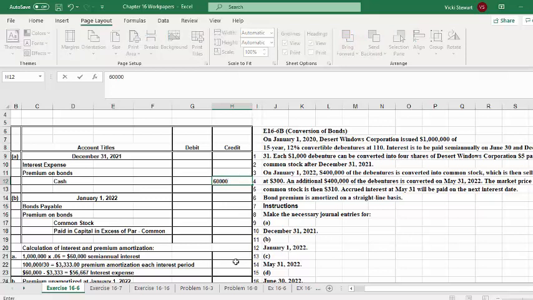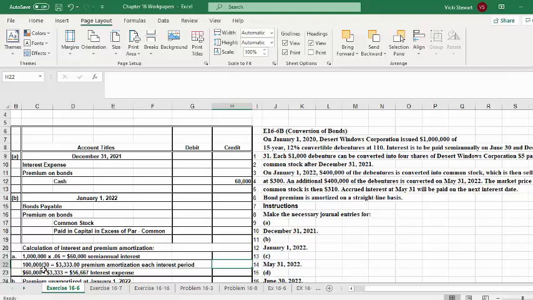The next thing we need to do is to determine the amount of the premium amortization that is done with each interest period. So these were 15-year bonds, so they'll have 30 interest payment dates. So $100,000 is the premium on the bonds. We know that because the bonds were sold at 110.